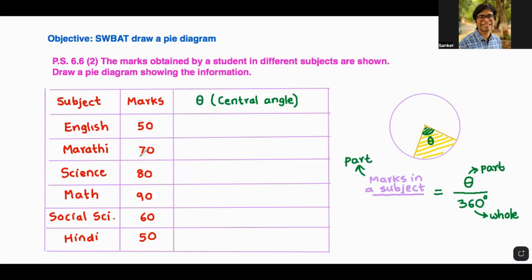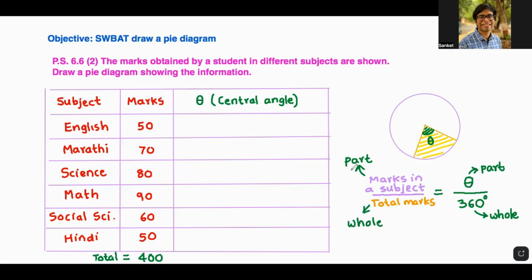And what is the whole for here? Whole for here is the total marks. So I need to add up all these marks and write down the total down here. So if I add all of these up, I'll get 400. So the total marks over here is 400, and that's going to be my whole.